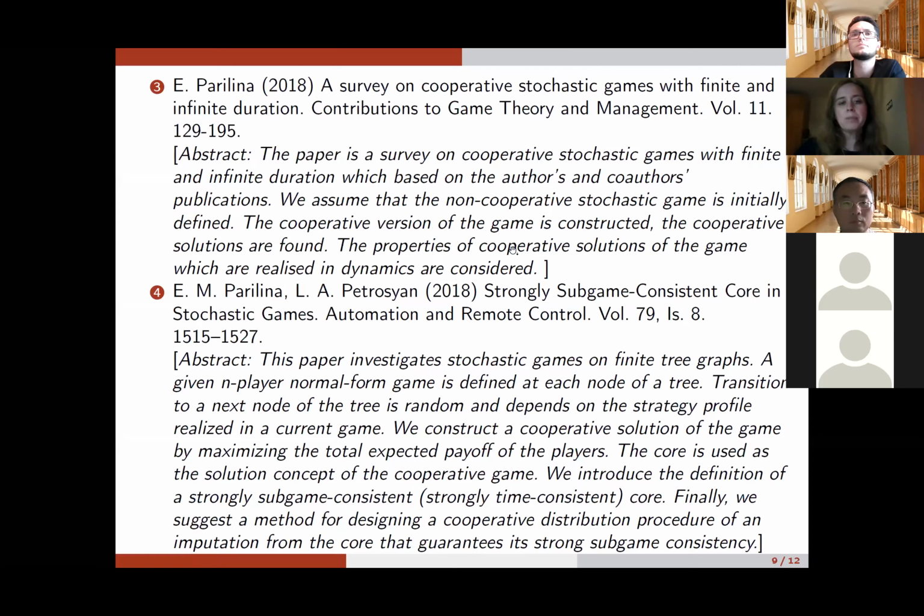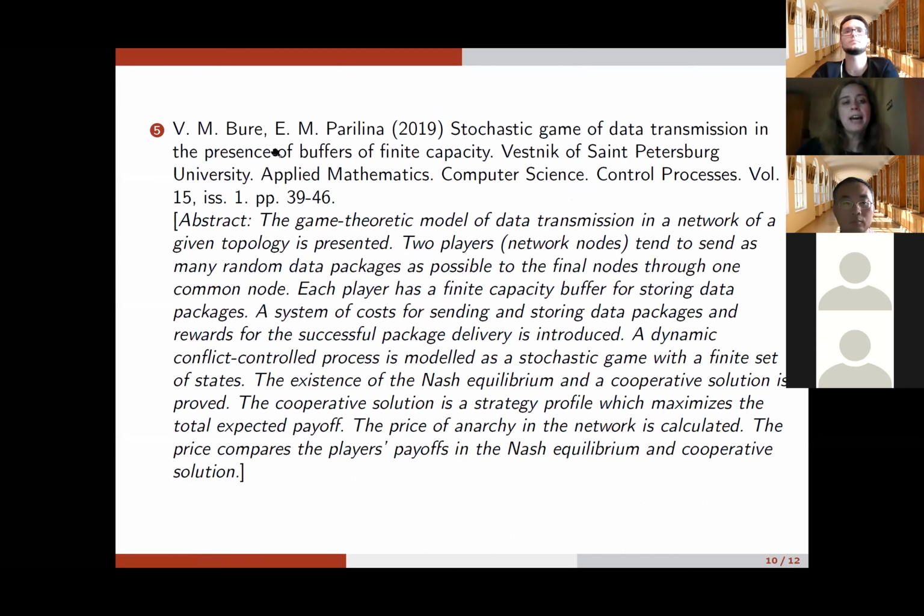The next publication was published in 2019, and it is co-authored with Vladimir Bure. It is devoted to the application of stochastic games to a data transmission model.